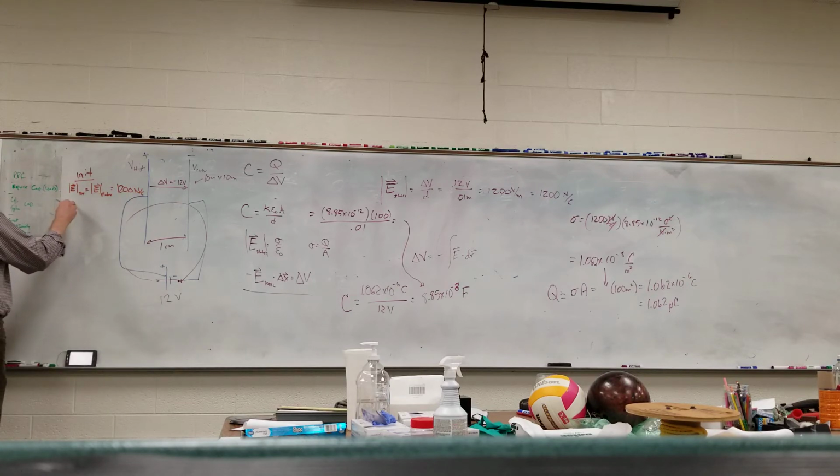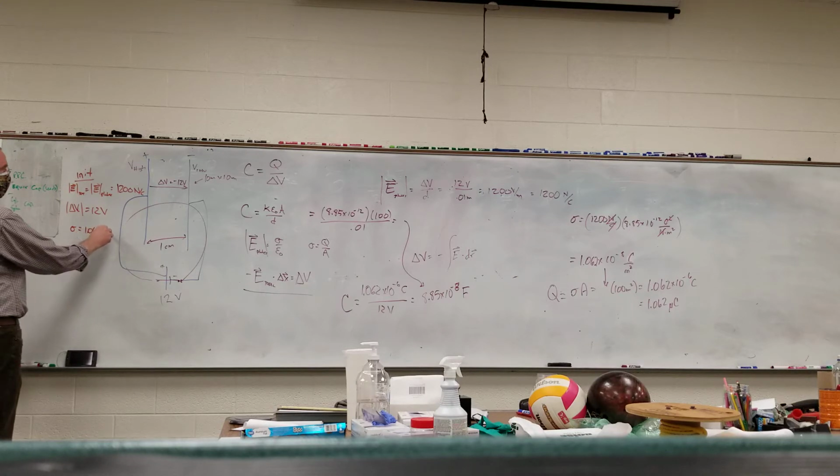We have the voltage between it, at least absolute value of it, is 12 volts, positive or negative depending on which way you're going. We had sigma is equal to 1.062 times 10 to the negative 8th coulombs per square meter.